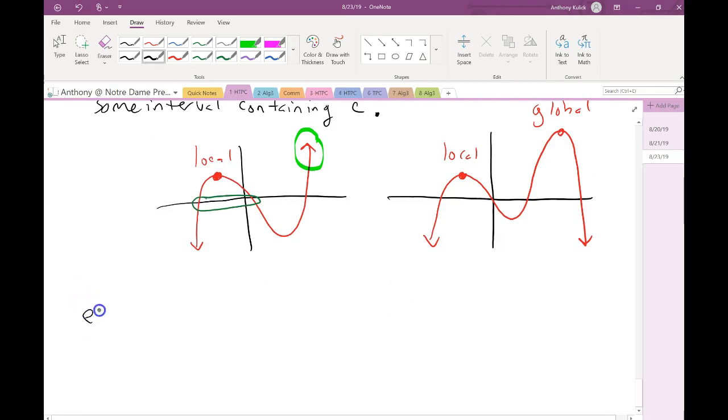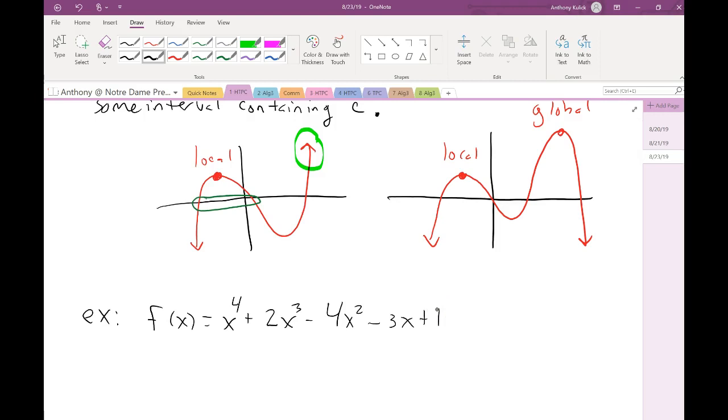So let's take the function f of x equals x to the fourth plus 2x cubed minus 4x squared minus 3x plus 1, and try to find the extrema and intervals of increasing and decreasing using our graphing calculator.